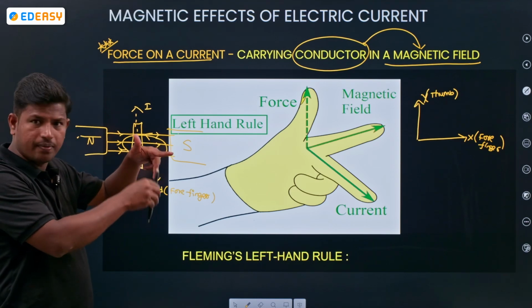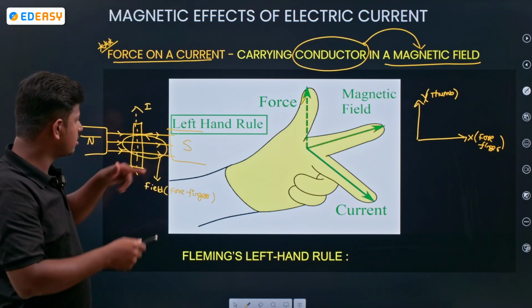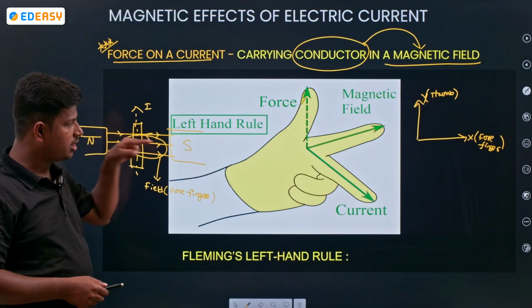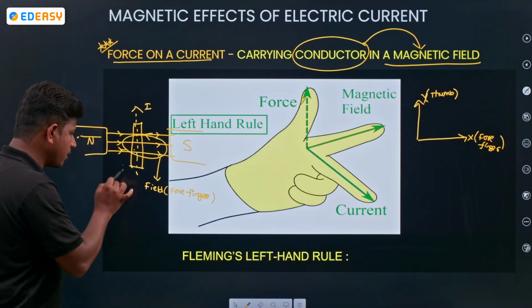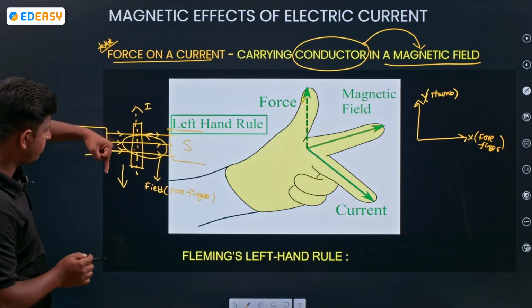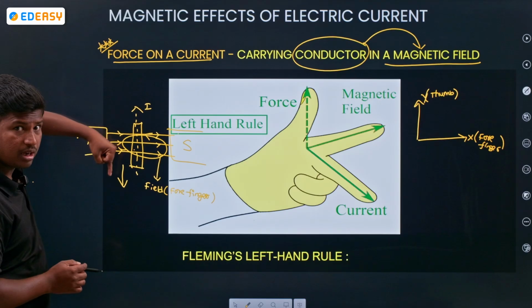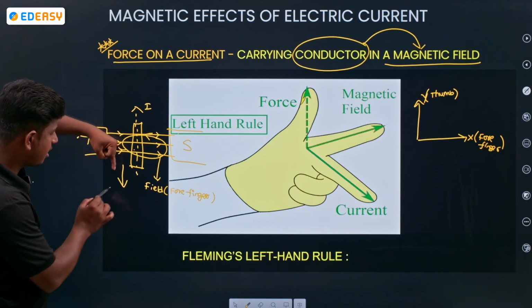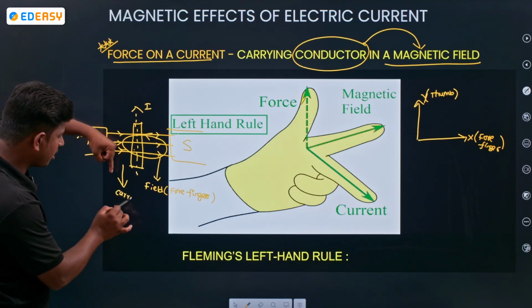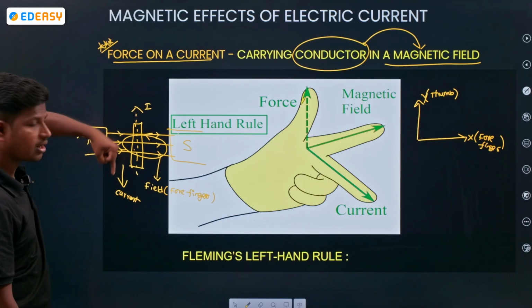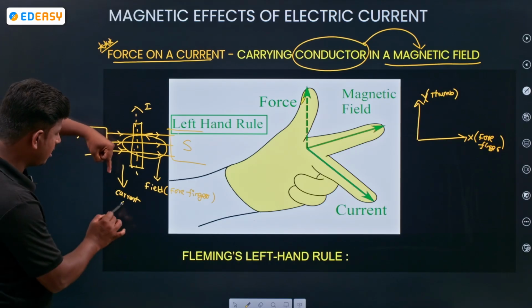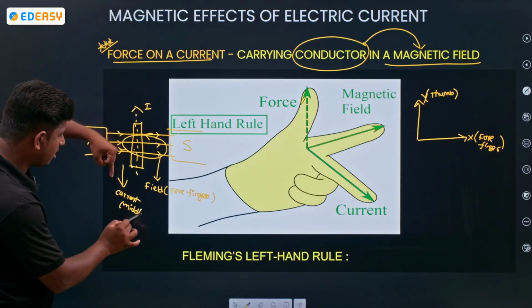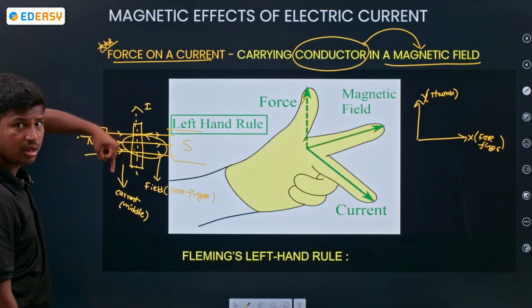Conductor is downward. Field is in this direction. I am taking the direction of the current downward. So which finger? Middle finger, right? Current is the middle finger.